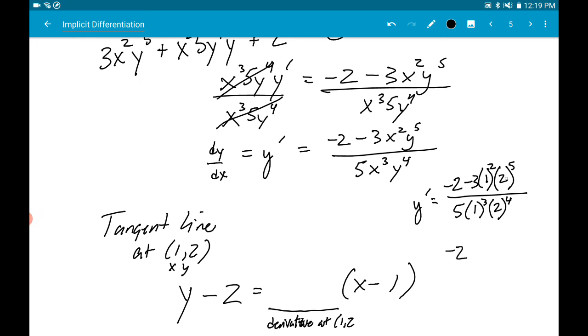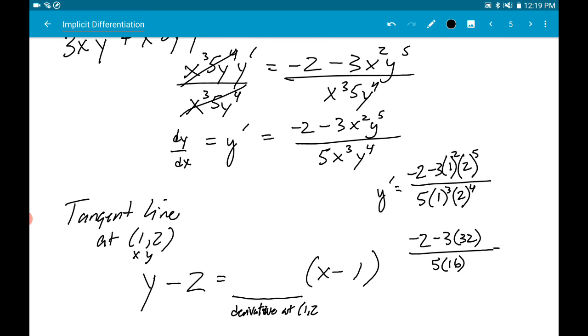I got 2 to the fifth, 32, so I got minus 3 times 32. Hope I'm not messing up. I don't want to do a retake. I got 2 to the fourth is 16, so I got like 5 times 16. So I got negative 2 minus 96.